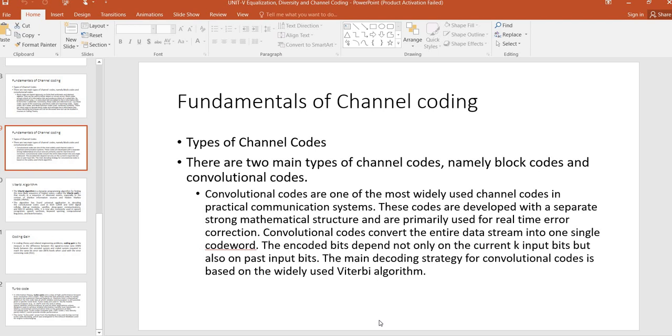Okay. In the last class, we already explained that there's a chance of error in the channel, in the communication medium, maybe physical or maybe wireless.